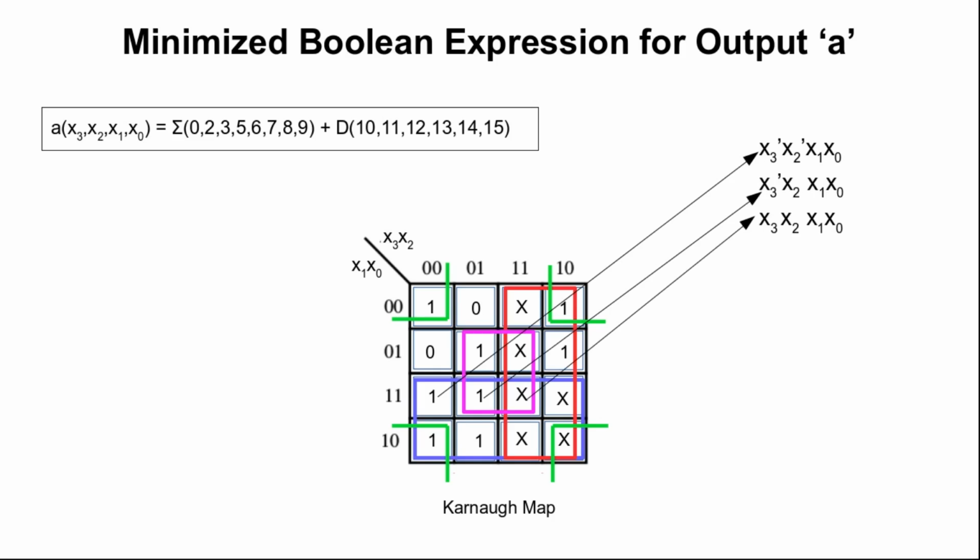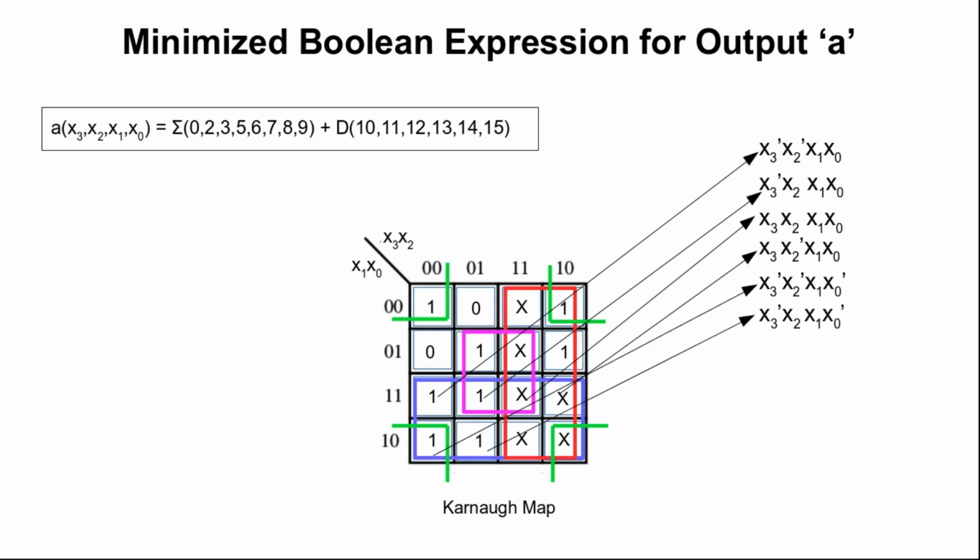The next cell corresponds to the minterm x3, x2, x1, x0. The next cell corresponds to the minterm x3, x2 prime, x1, x0. This cell corresponds to the minterm x3 prime, x2 prime, x1, x0 prime. This is the minterm x3 prime, x2, x1, x0 prime. This cell corresponds to the minterm x3, x2, x1, x0 prime. And finally, this cell corresponds to the minterm x3, x2 prime, x1, x0 prime.